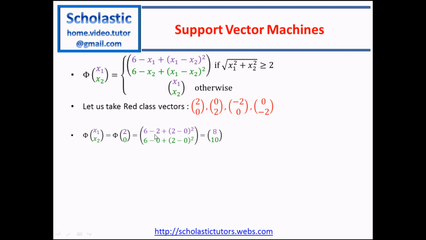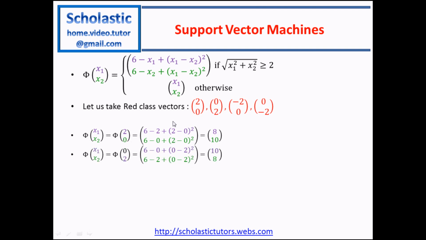Now simplify: 6 minus 2 is 4, plus 4 is 8; 6 minus 0 is 6, plus 4 is 10. This is the transformed vector of the original vector (2, 0) using our mapping function.